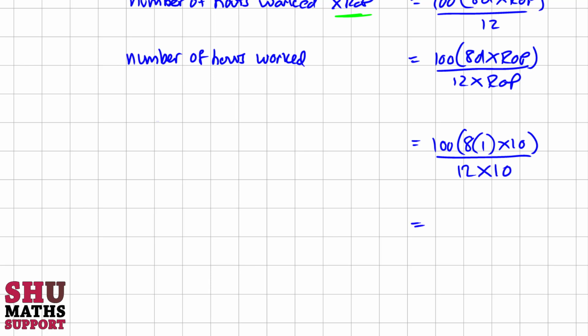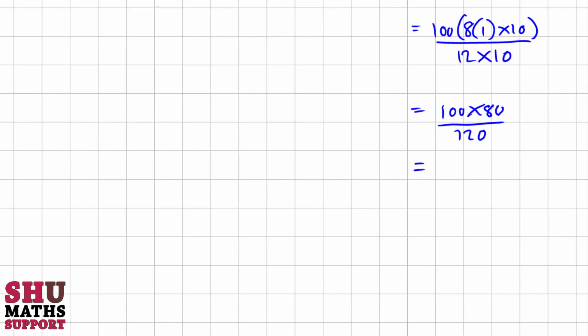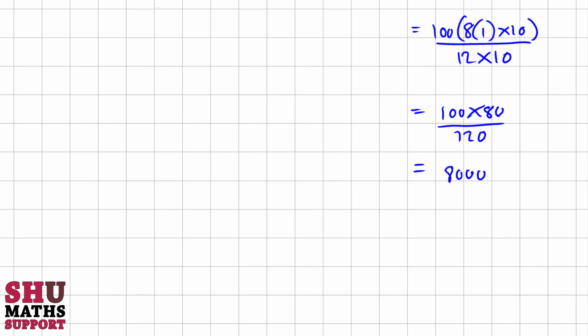On the numerator we'd get 100 times by 80, and then on the denominator we'd have 120. On the numerator we have 100 times 80, which is 8000, divided by 120.